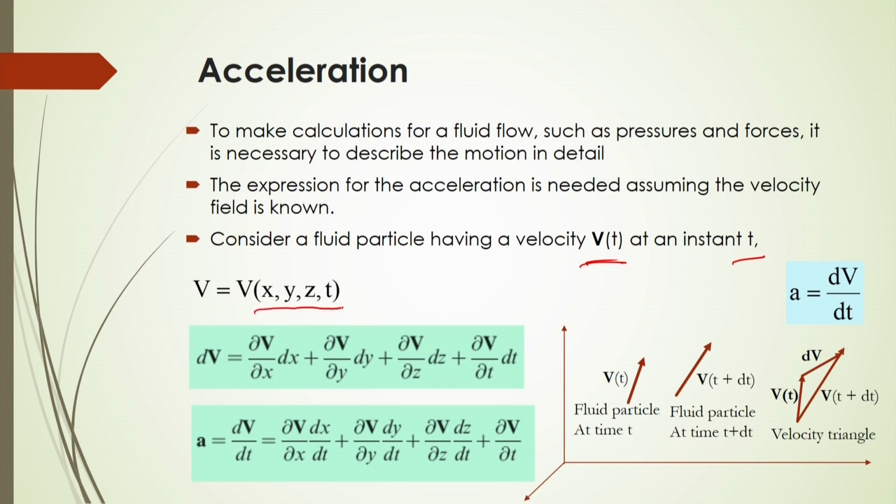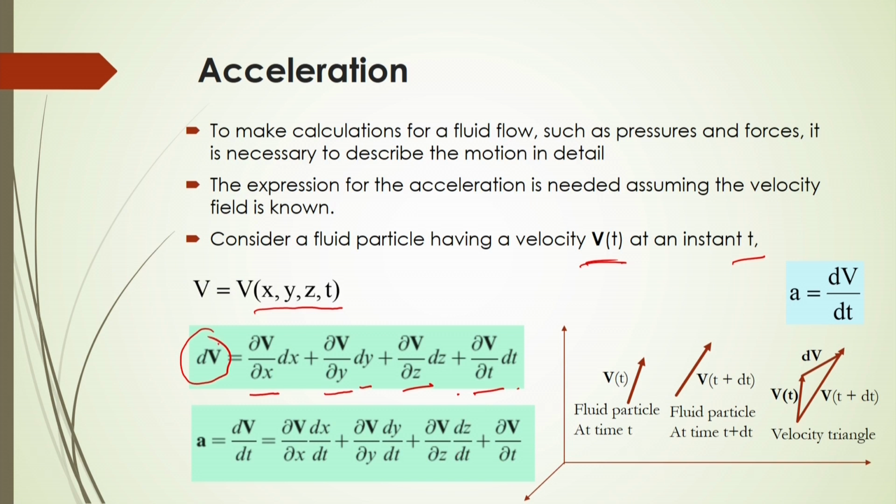t. And if we differentiate with respect to the spatial coordinates and the time instant, then we can say that dv will be equal to dou v dou x into dx plus dou v dou y into dy plus dou v dou z into dz plus dou v dou t into dt.